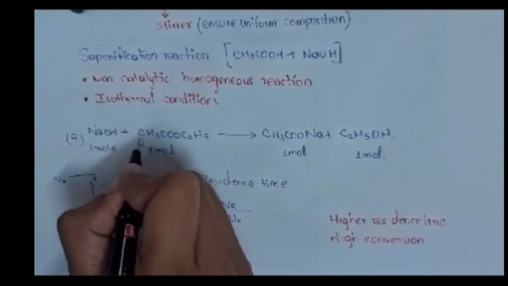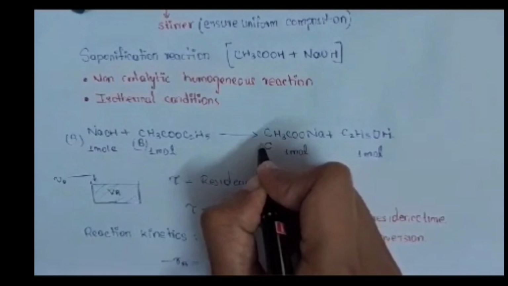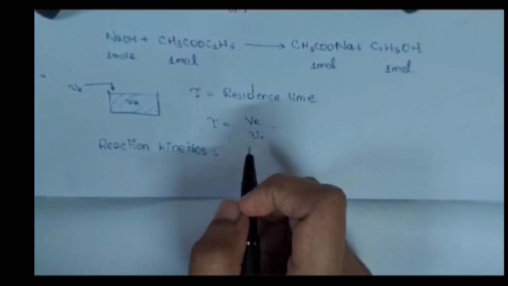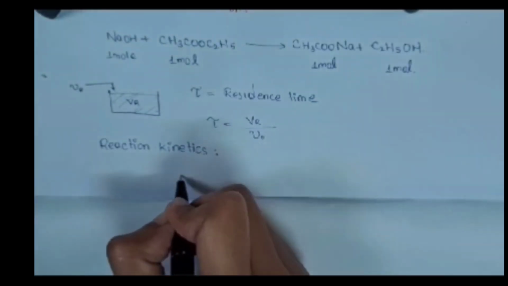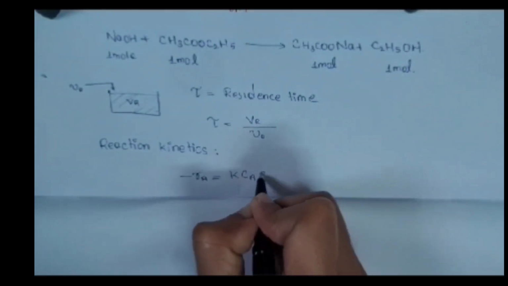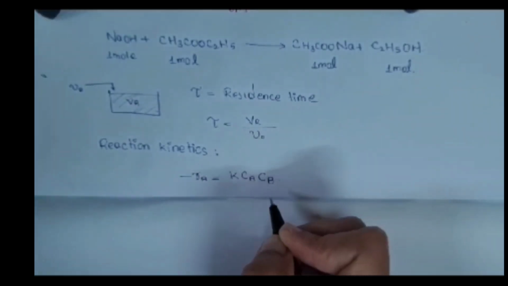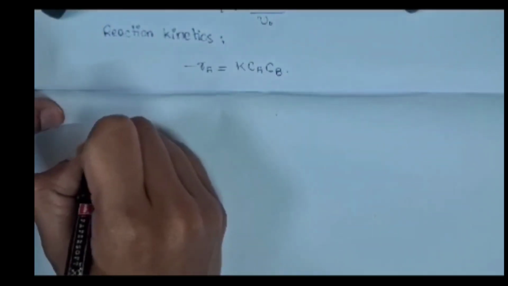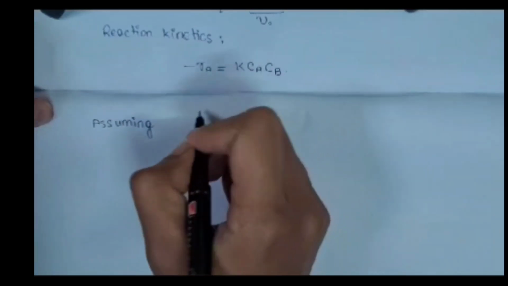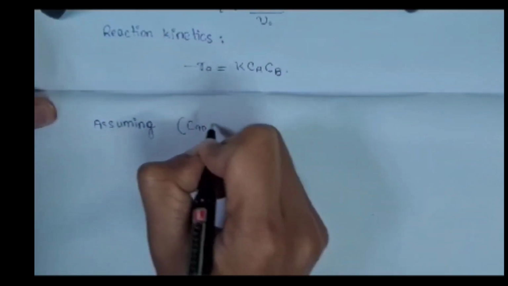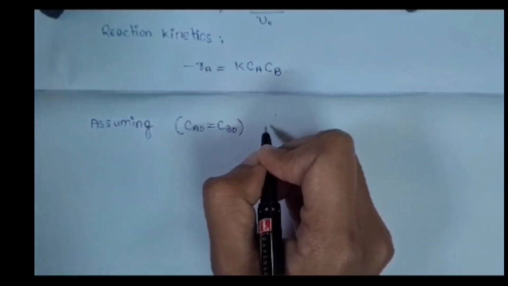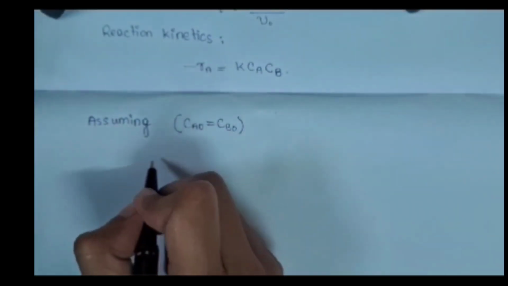Now let us consider the reaction A plus B gives rise to C plus D. So the reaction rate, minus rA, would be equal to k CA CB. Now if we assume the initial concentrations of A and B to be equal, that is CA0 equals CB0, the rate law simplifies to minus rA equals k CA squared.